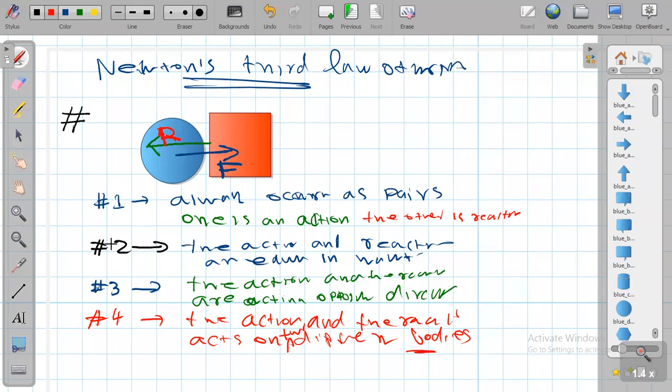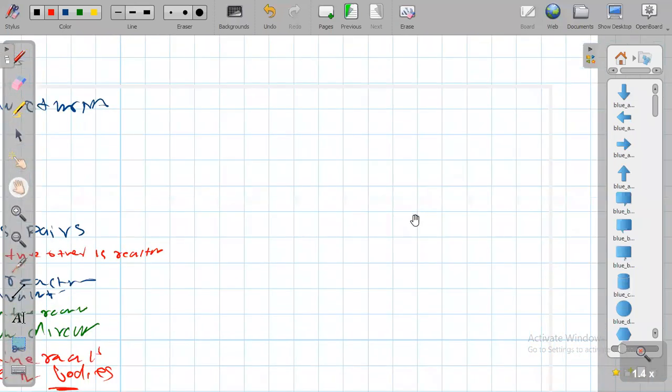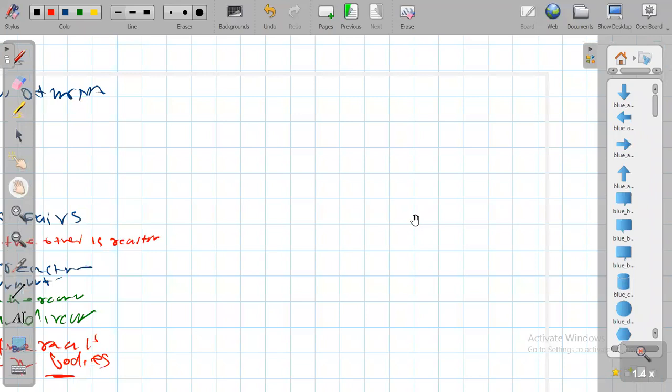So, examples. All of them are new examples. What are the examples? Write this example number 1.